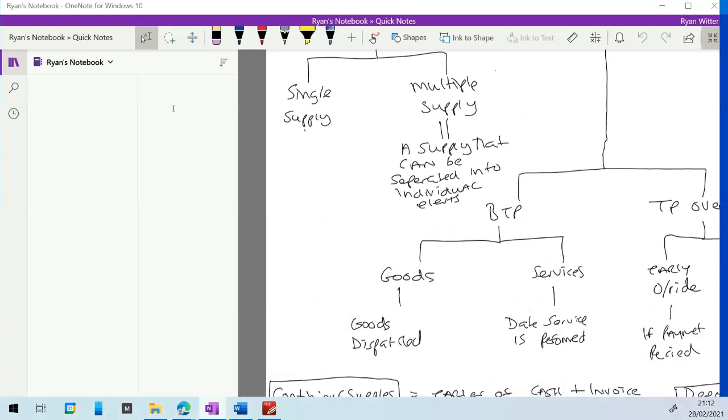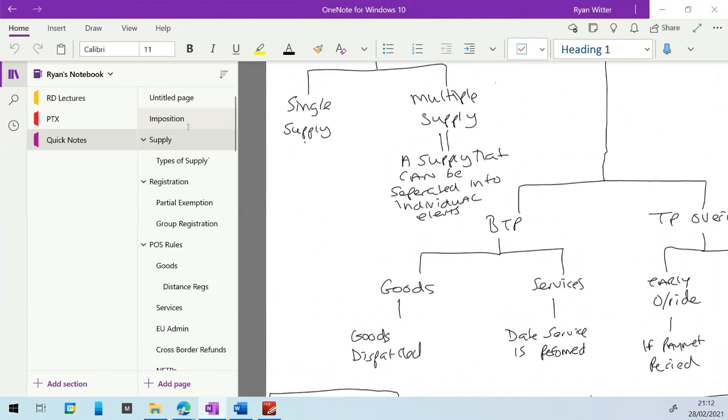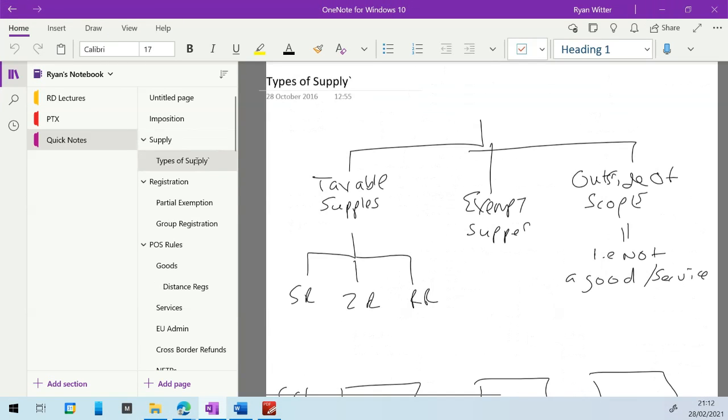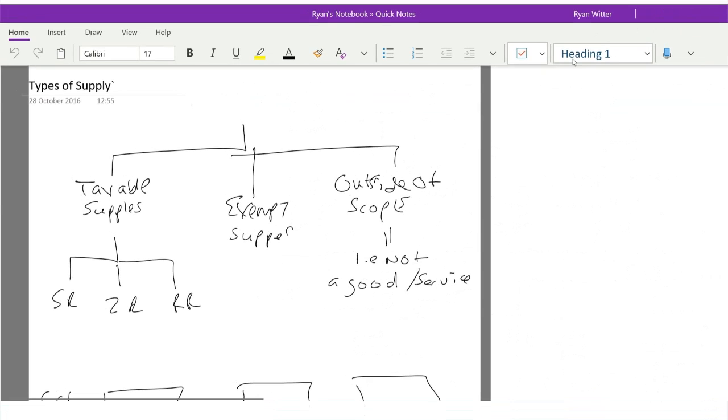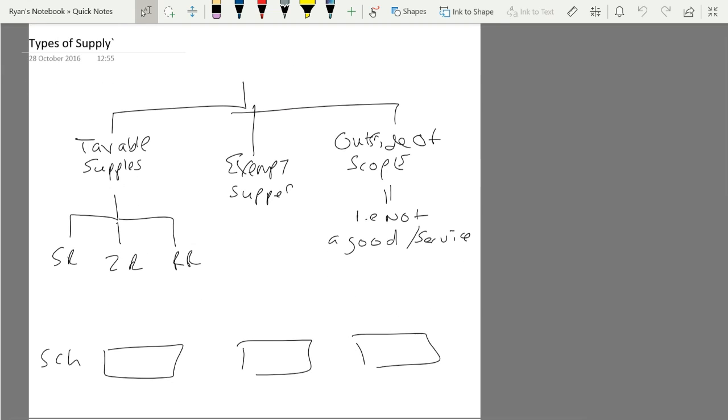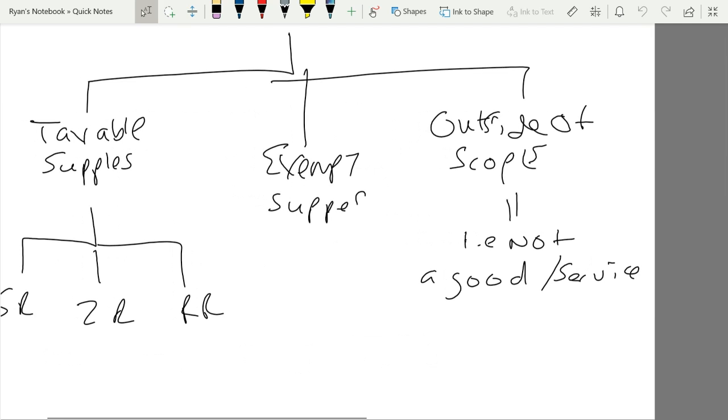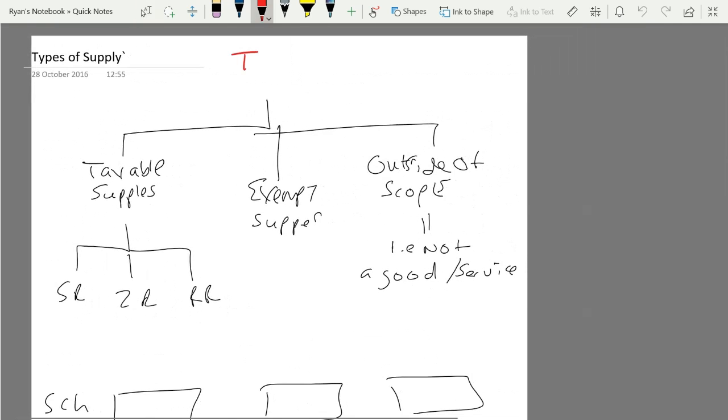If we move to the next, which are types of supply. With types of supply, I said before when we were looking at imposition that the word is taxable supply, and we know that supply is a good or a service.